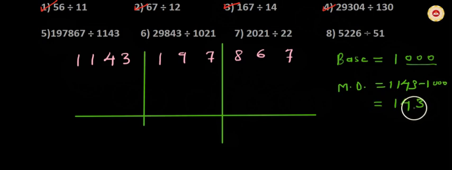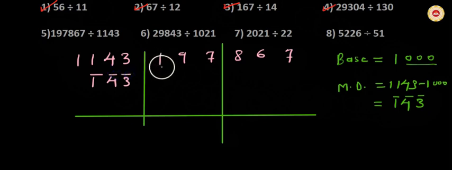This is deviation. 143 is deviation for the given divisor 1,143. Now reverse the signs. Let's make it negative. So 3 digits are now negative and this is modified divisor. Write modified divisor below given divisor.